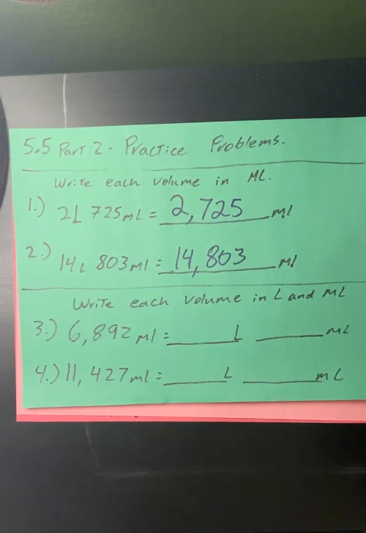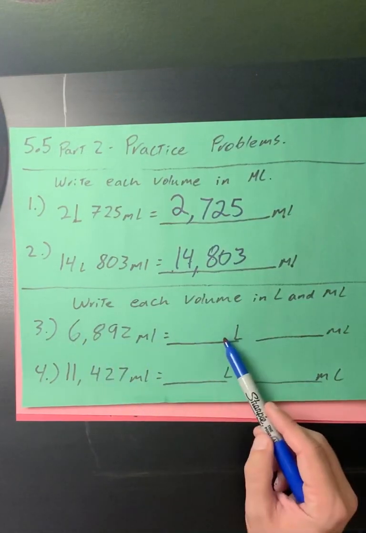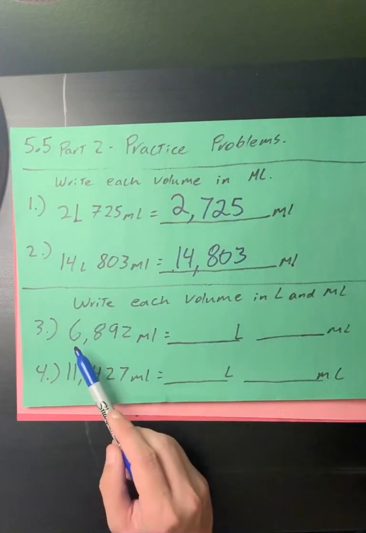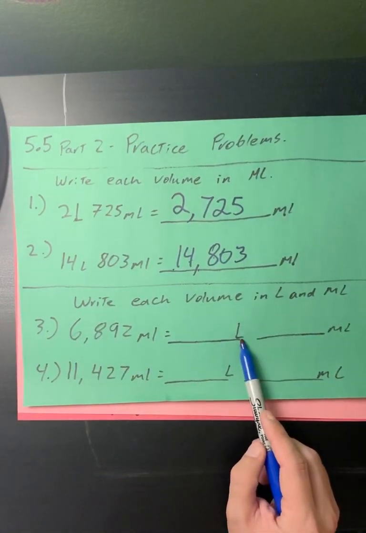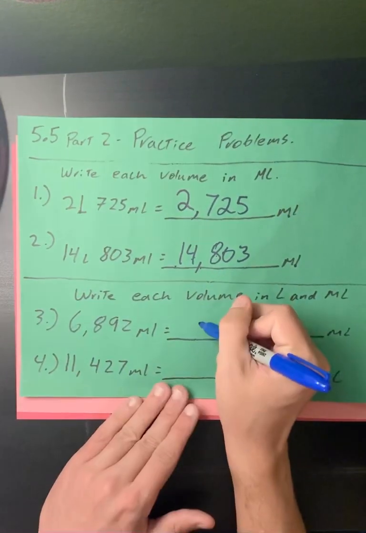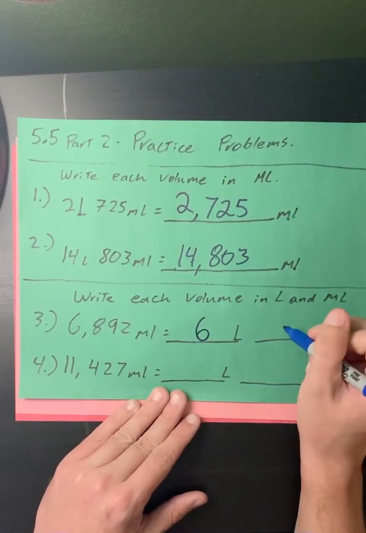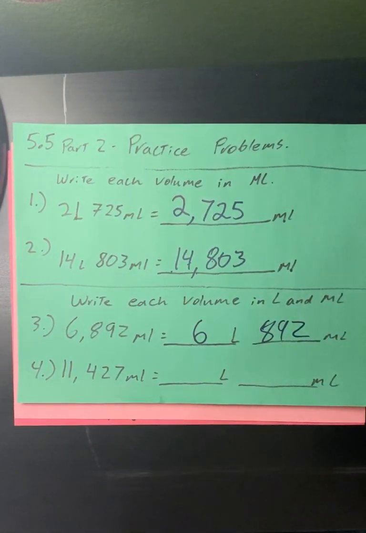Okay. Problem number 3 and 4, converting each volume to liters and milliliters. Opposite thinking here. If I have anything above 1,000, that will go in my liters place. Changing out my comma between my hundreds and thousands for my liters. So 6,892 milliliters would be 6 liters and 892 milliliters.